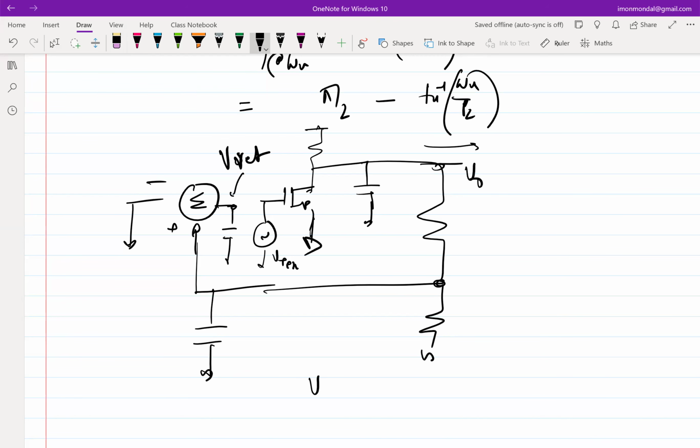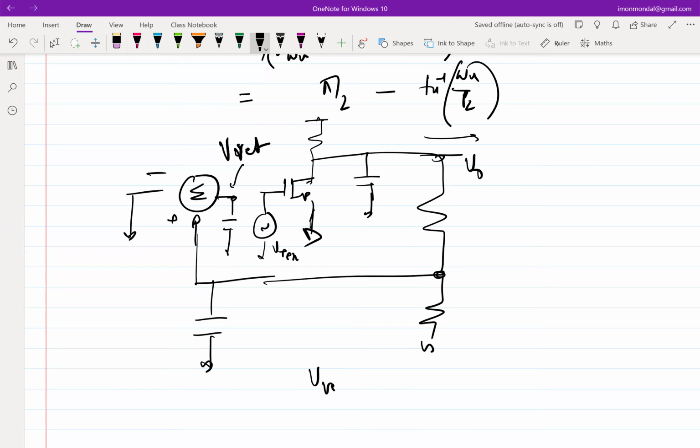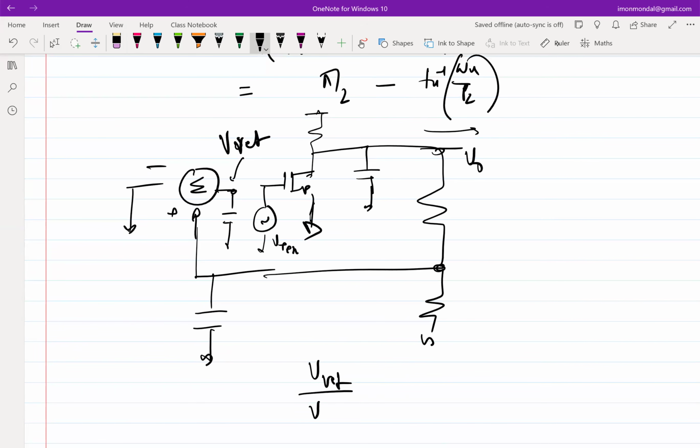And then find out KCL, KVL, and go around the loop and find out V return over V test. Negative of that, it is L of S. And once I have L of S, I'm in the control system domain. Right? We put all the existing knowledge of how to figure out phase margin, how to figure out steady state error from L of S.